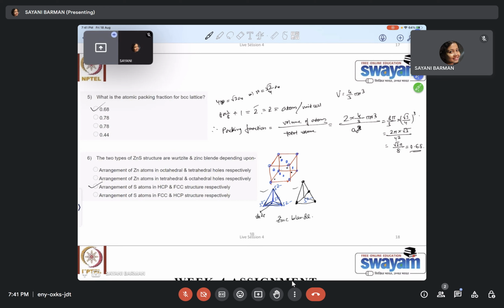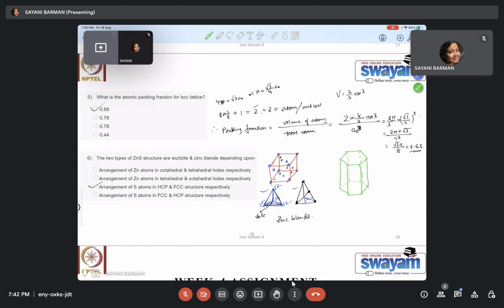But the structure is a bit different for wurtzite.